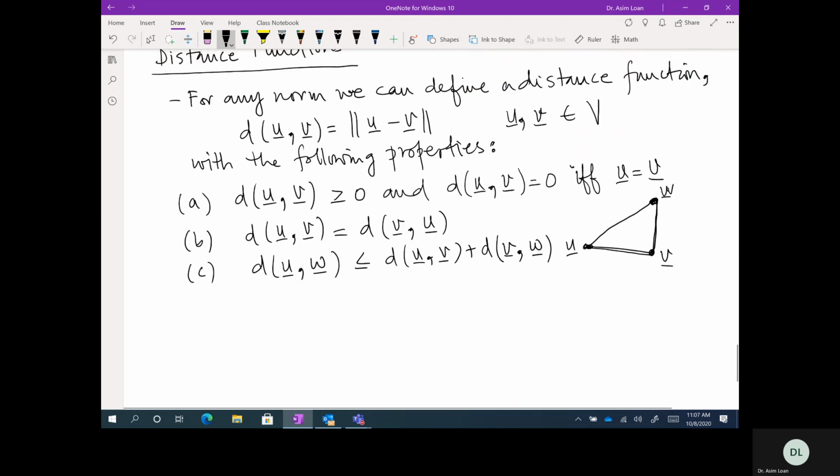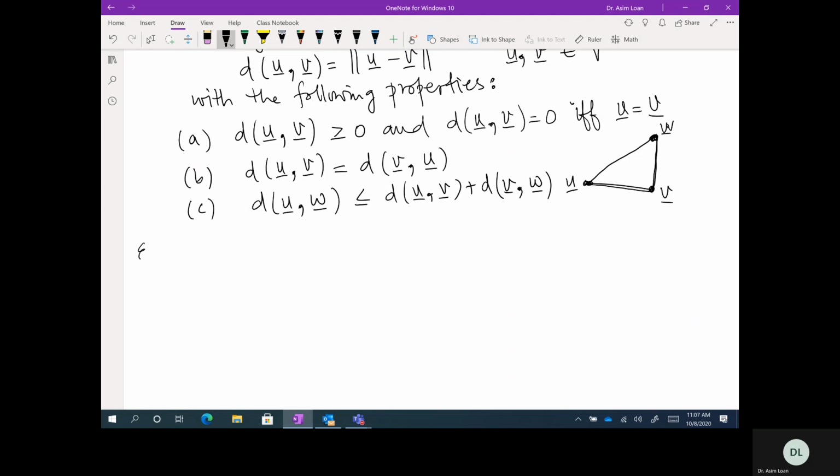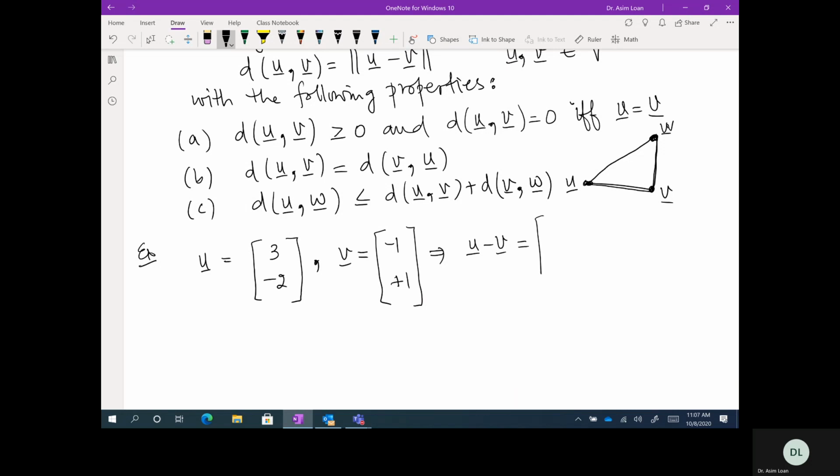So if you want, I can do a simple example. You have u equals (3, -2), v equals (-1, 1). This implies u minus v is (3 minus -1, which is 4, and -2 minus 1, which is -3).